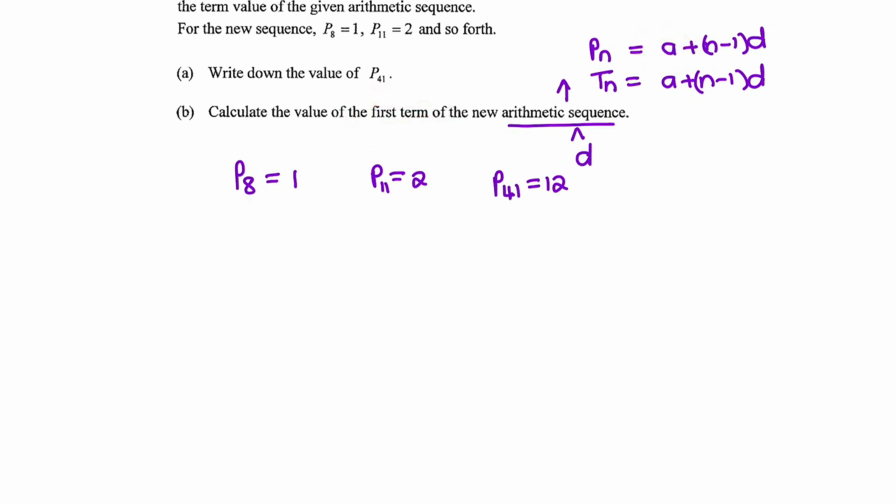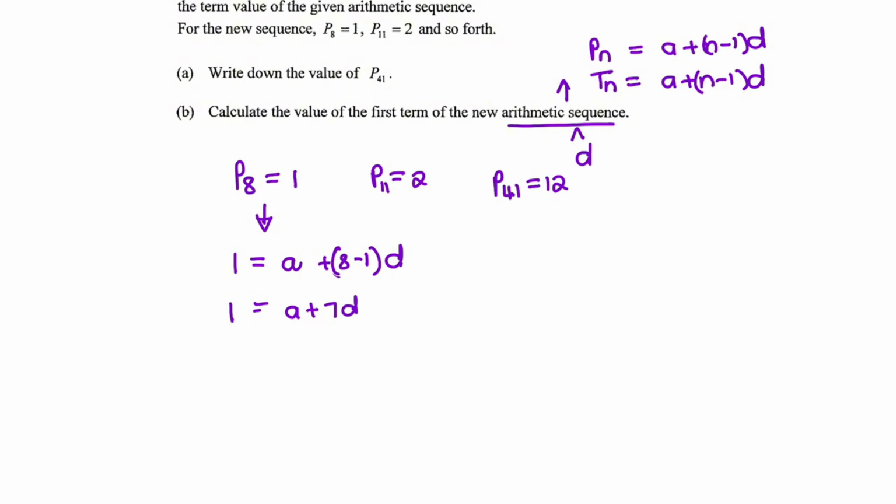So let me substitute that information into P8. So P8 is equal to 1. I don't know what a is, plus n minus 1 d, but we know that n is equal to 8 because that's the 8th term. So if I simplify, I have 1 is equal to a plus 7d.